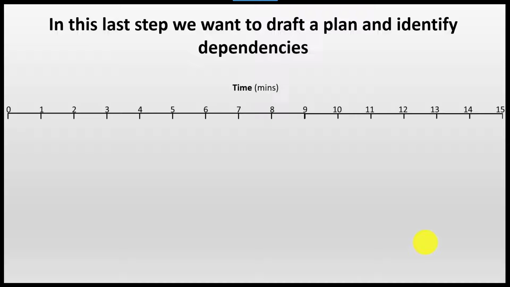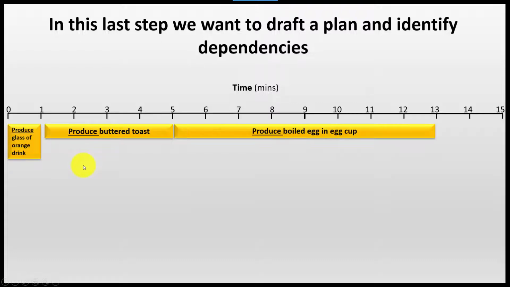And this is the reason why you see this timeline, that it goes from 0 to 15 minutes, right? And now we have all the sequence of activities, such as producing the glass of orange and the buttered toast and the boiled egg, and arranging the tray, and finally serving that breakfast. We have a layout, a plan already here.